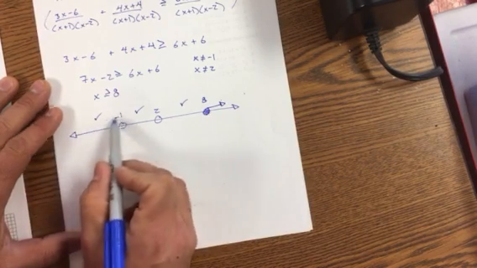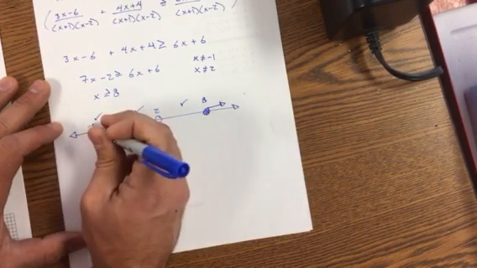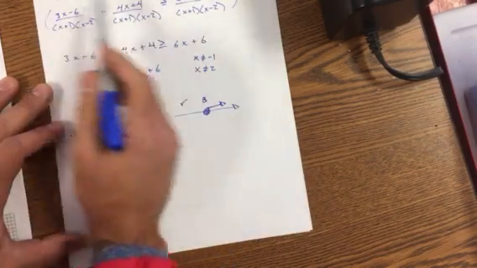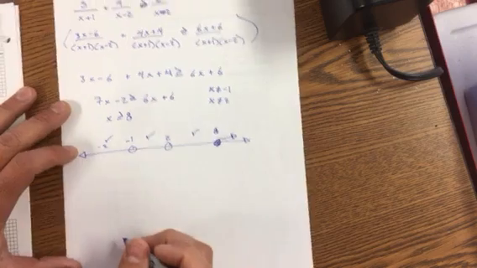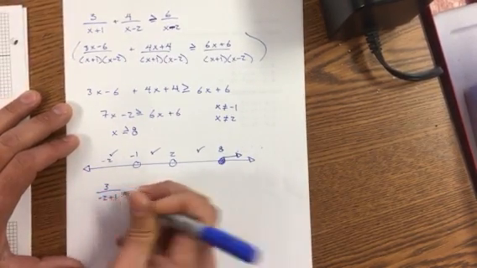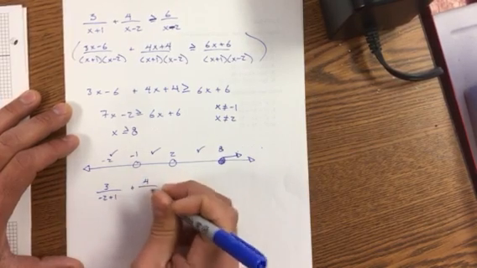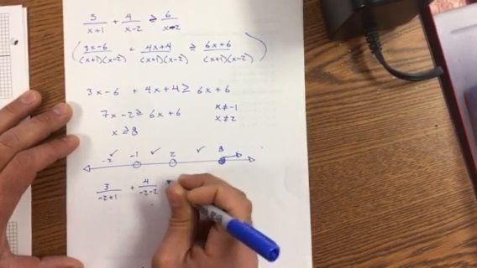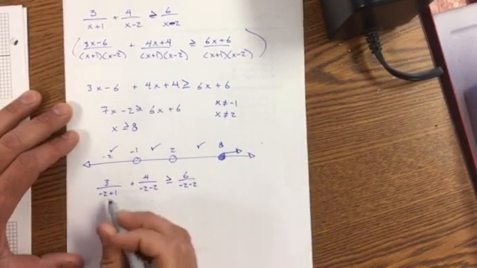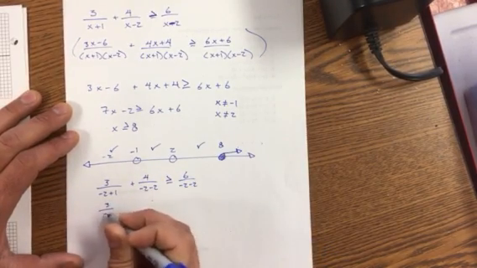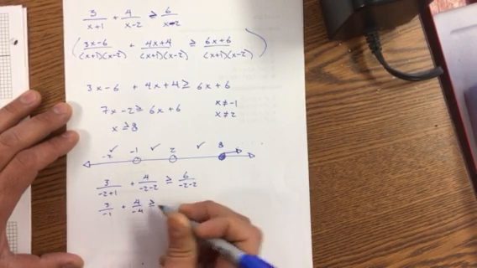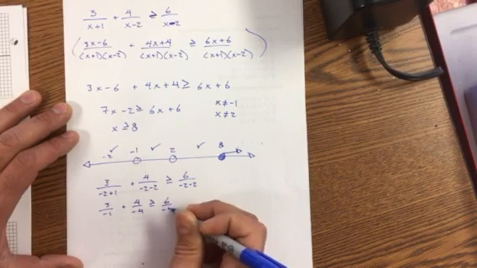So the way that I do that is I pick a number that's over here. A number that's less than -1 is -2. I'm going to plug -2 into the function and see if it gives me a true statement. So 3 over -2 plus 1 plus 4 over -2 minus 2 greater than or equal to 6 over -2 minus 2. 3 over -1 plus 4 over -4 greater than or equal to 6 over -4.